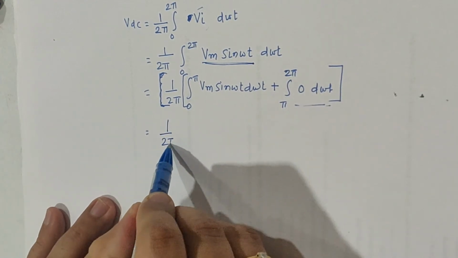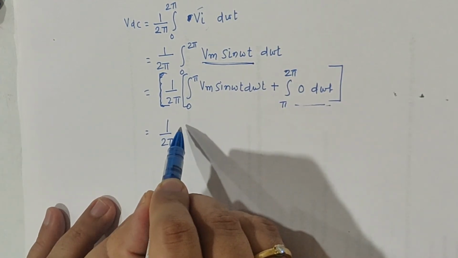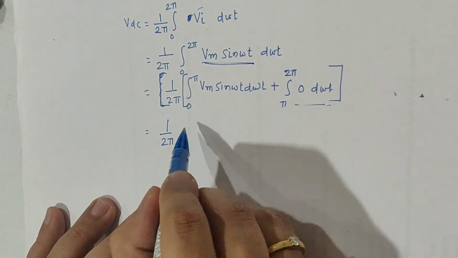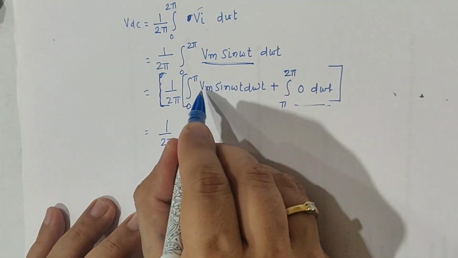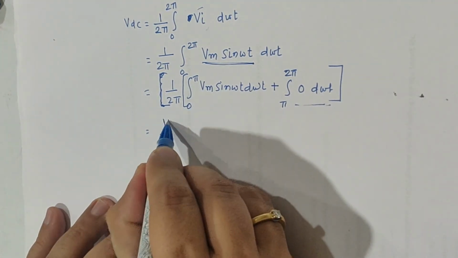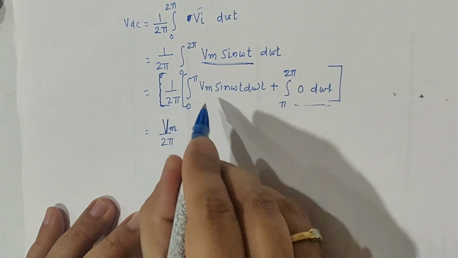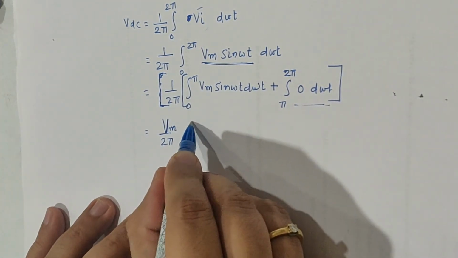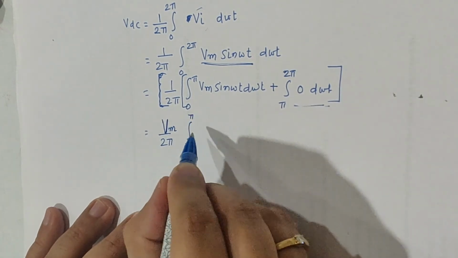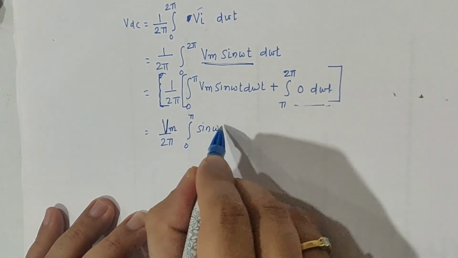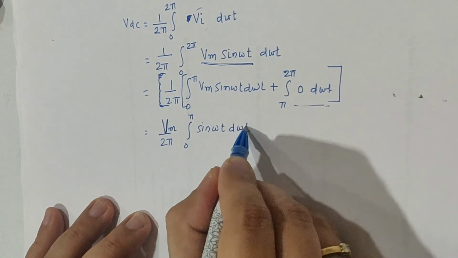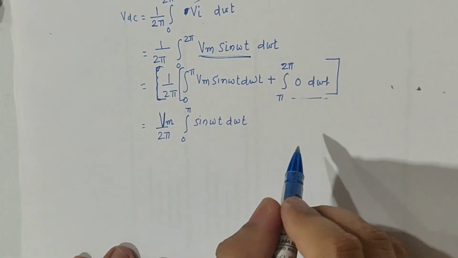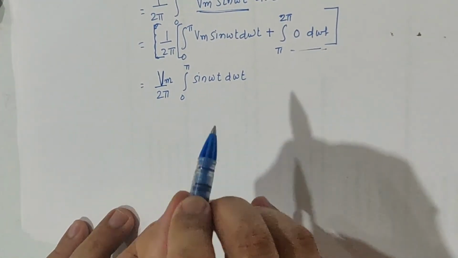Now I will write 2 pi. Vm is a constant, the peak voltage, so I will take it outside the bracket, divided by 2 pi. In the bracket what remains is 0 to pi of sine omega t d omega t. Very simple, you just need to concentrate a bit.